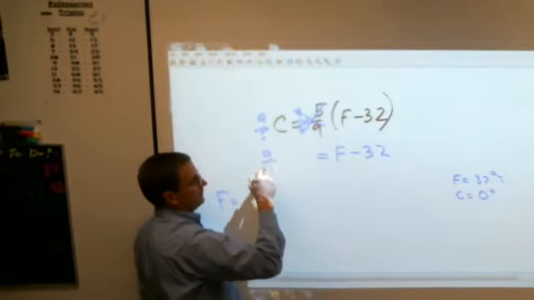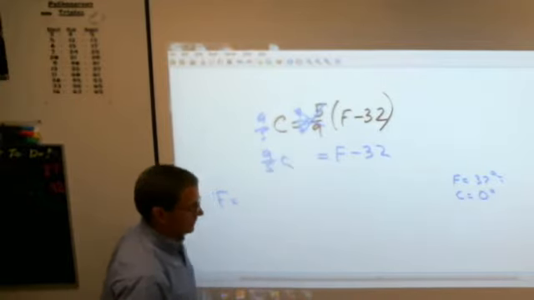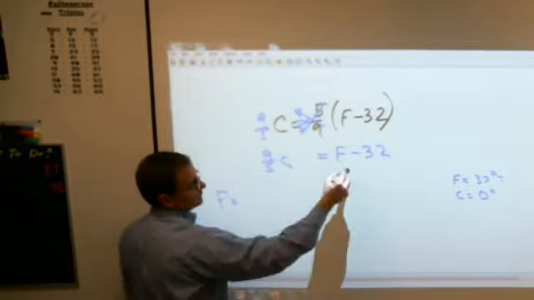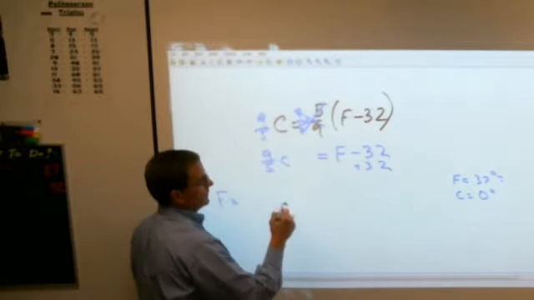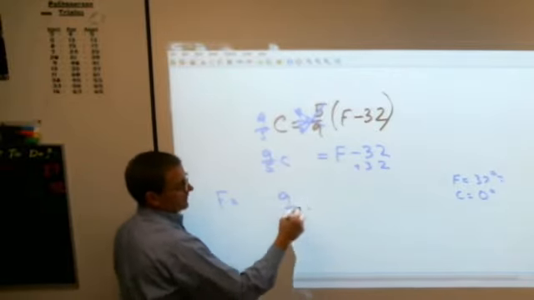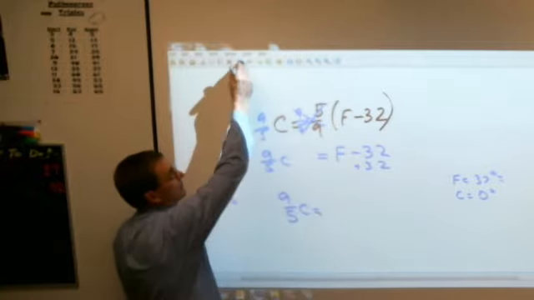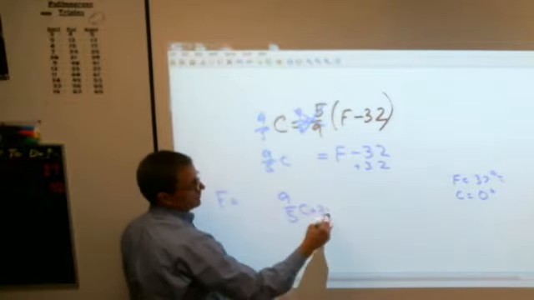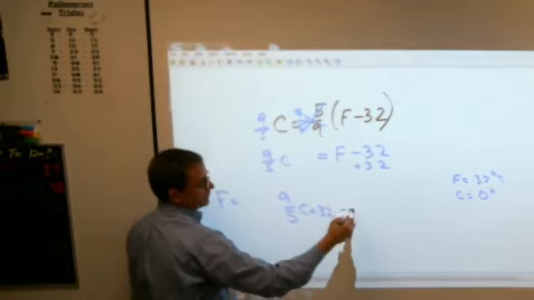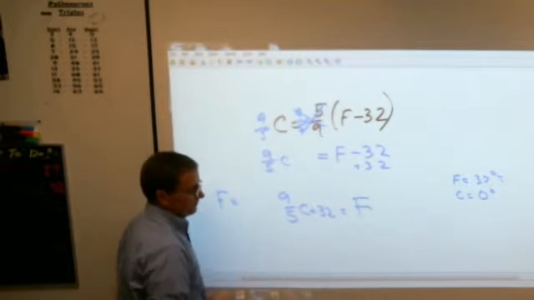I still have my 9/5 C here. And then to solve for the letter F, you would add 32. So 9/5 times Celsius plus 32, because I had to add 32 to this side, equals what Fahrenheit is.